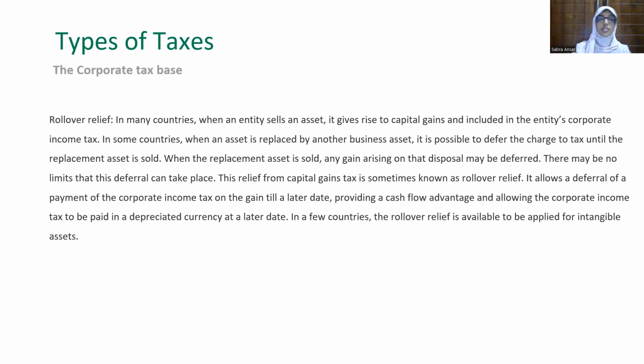These methods are used by countries in order to attract investors. It provides a cash flow advantage and allows the corporate income tax to be paid in a depreciated currency at a later date. In a few countries, rollover relief is available to be applied to intangible assets.